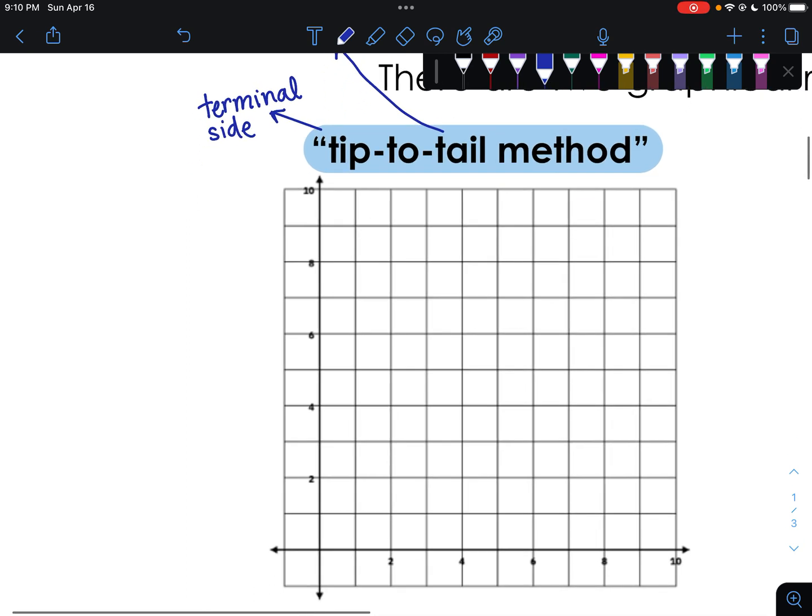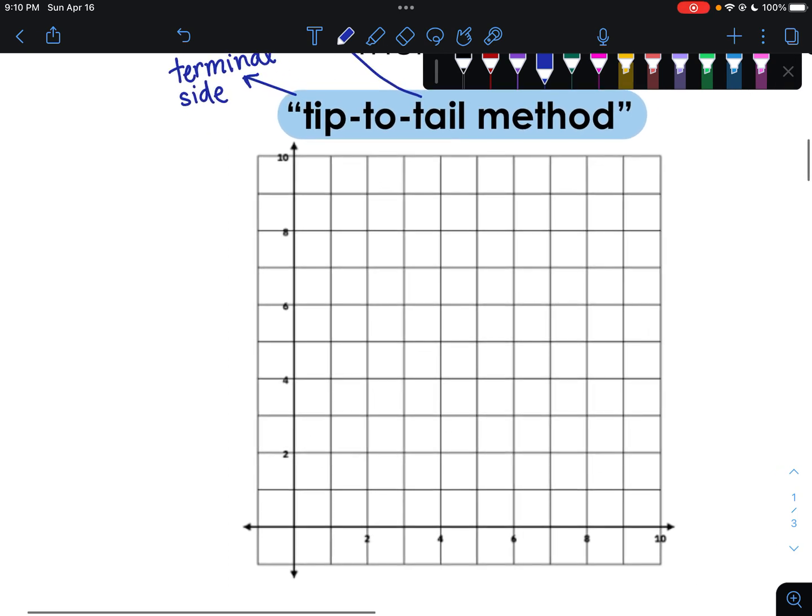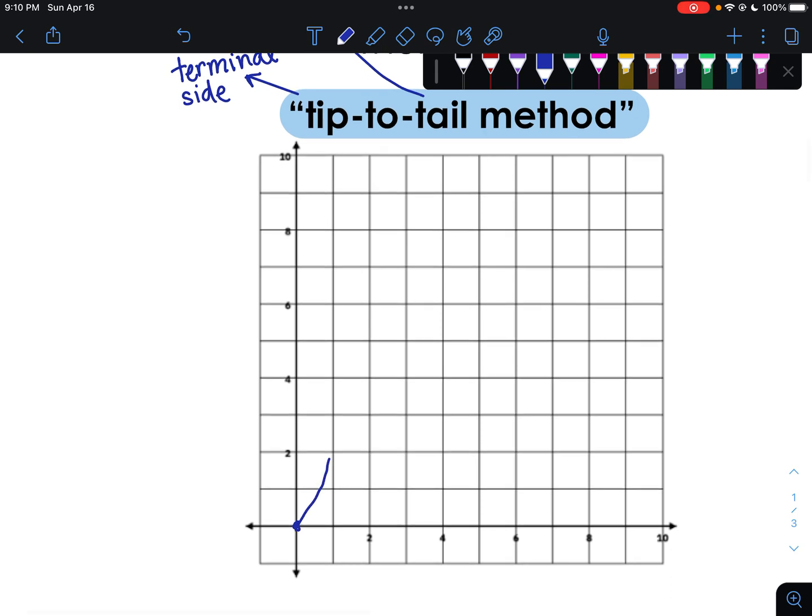So if I wanted to add vector v and vector u using the tip to tail method, what I'm going to do is start at 0, 0, and I'm going to draw vector v, which is from 0, 0 to 1, 2. So it's going to be this line right here, or that vector right there.